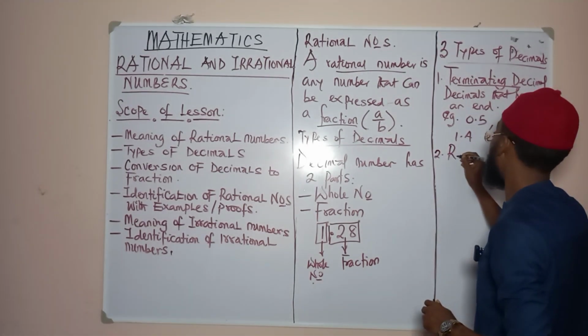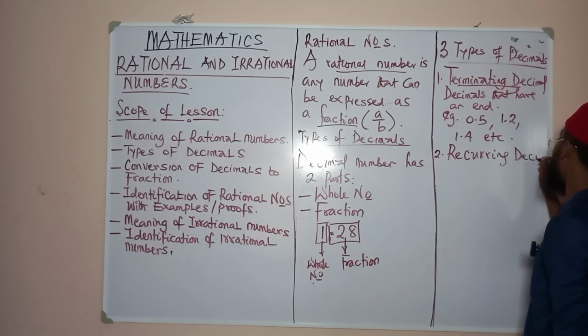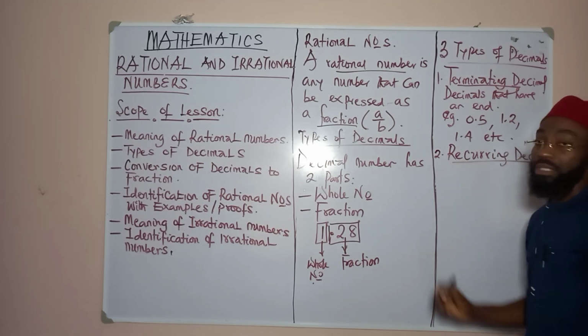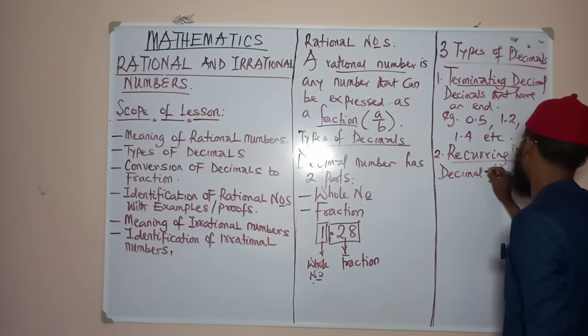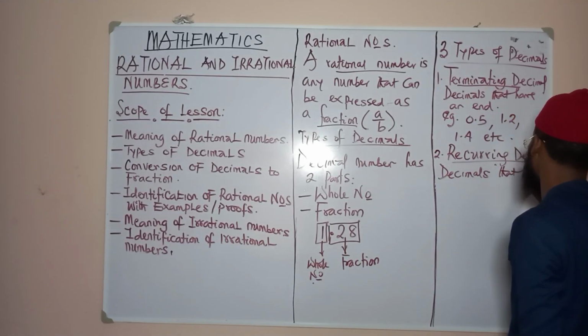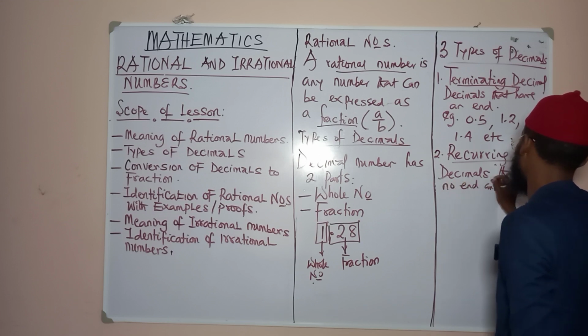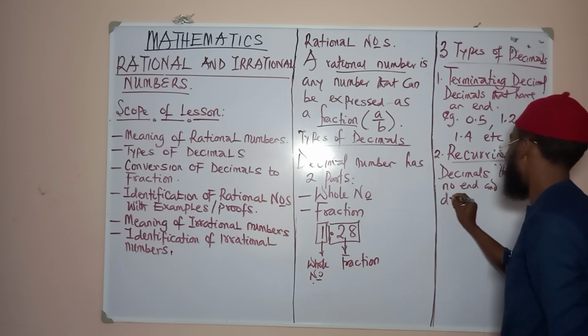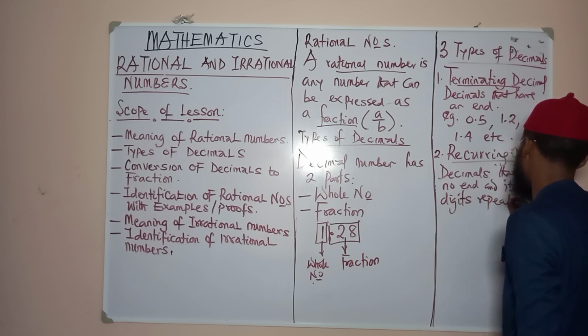The second type of decimal is the one we call recurring decimal. These are decimals that have no end, and their digits repeat. So it has repeating digits.